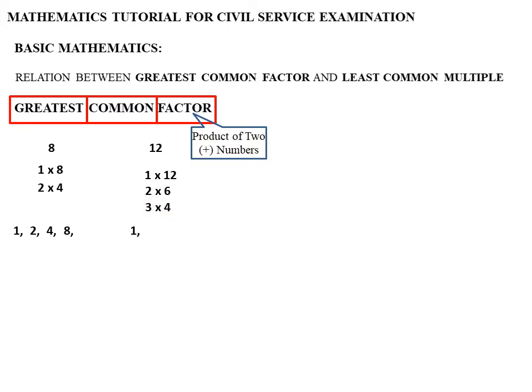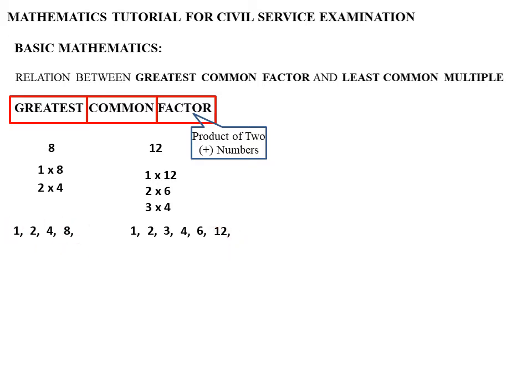So the factors of 12 are 1, 2, 3, 4, 6, and 12. These are the factors of 12 and these are the factors of 8.